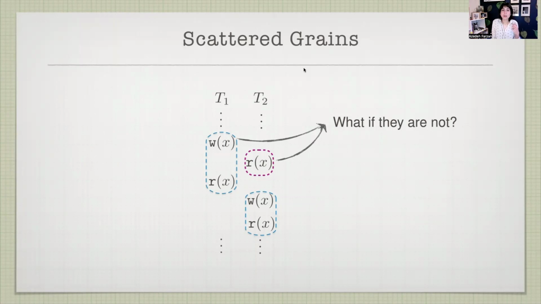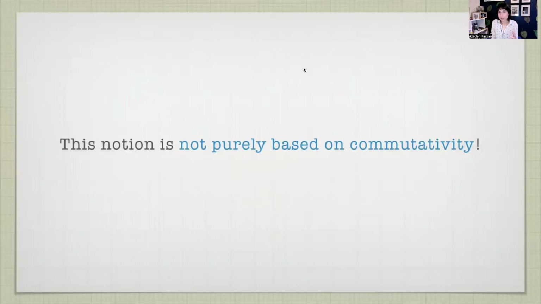So maybe this is not super convincing, but there is no other short way for me to tell you that this observation is the root cause that tells us that when we work with scattered grains for discussing equivalence in the context of concurrency, we are no longer in this pure commutativity-based setup anymore.